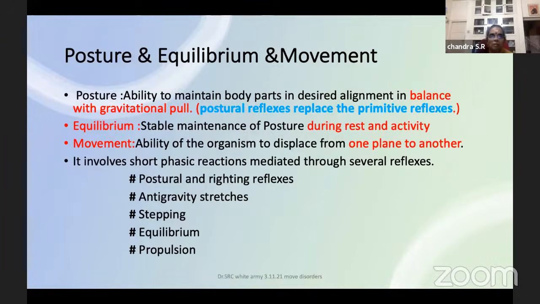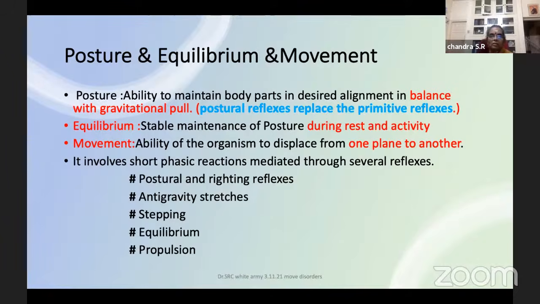What is posture? It is the ability to maintain body parts in desired alignment, in balance with the gravitational pull. When gravity is pulling also, we are well aligned, that is posture. Equilibrium is stable maintenance of posture during rest and activity. Posture is only during rest. Equilibrium is during rest and activity. Movement is the ability of the organism to displace from one place to another.